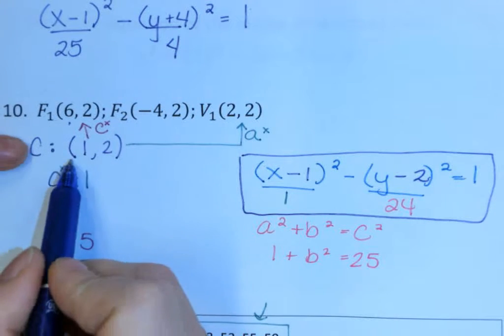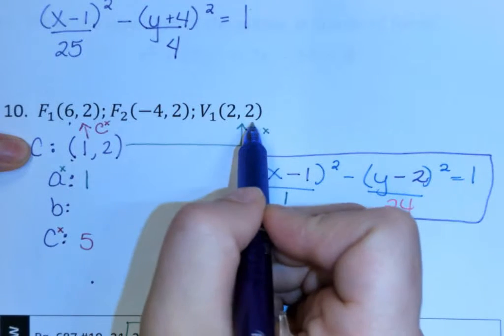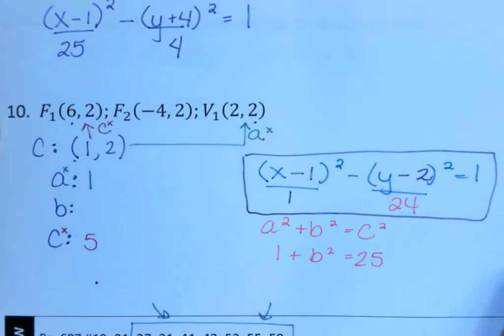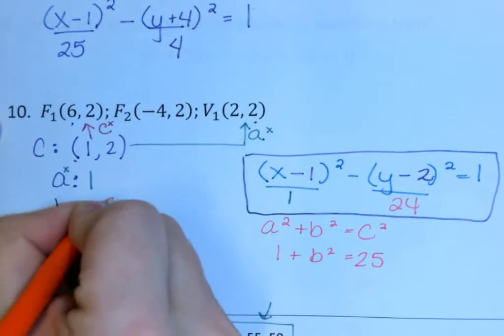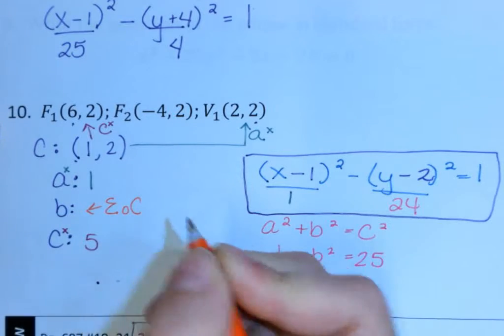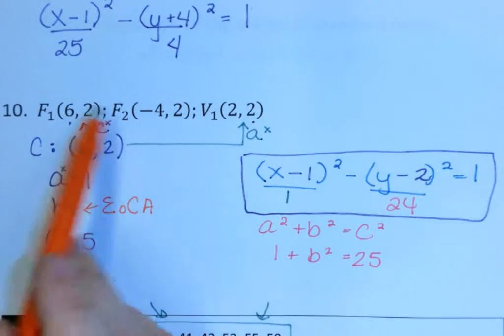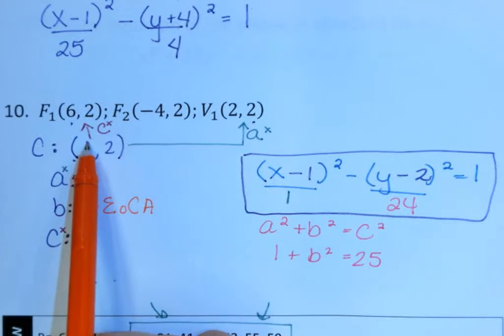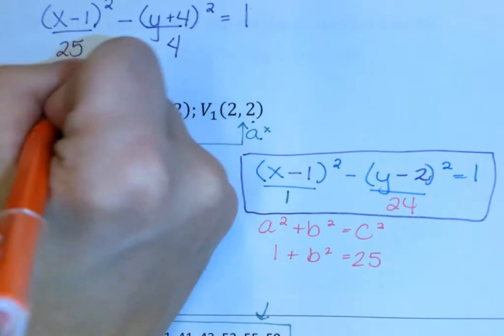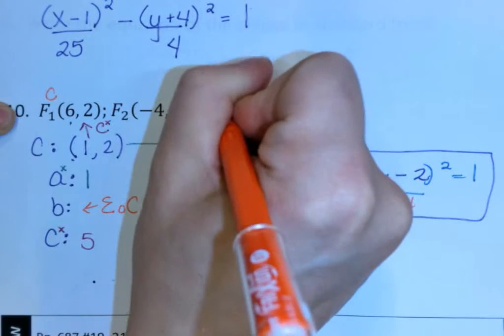Okay? Whereas the center to the vertex is A. When you're thinking the B, that's the endpoints of the conjugate axis. Okay? So they don't have that here. So focus is C, vertex is A.